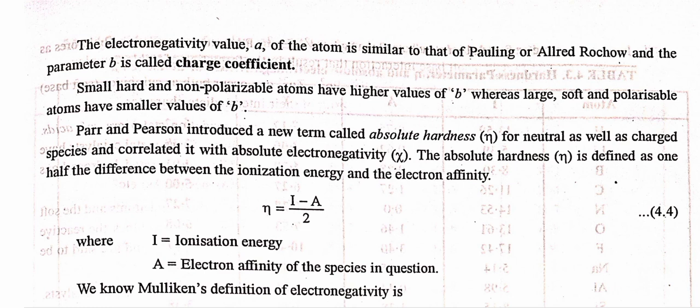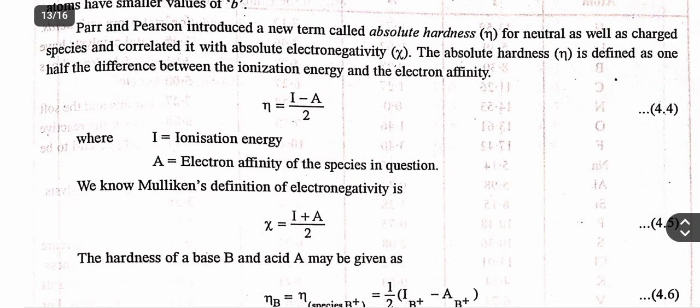Parr and Pearson introduced a new term called absolute hardness for neutral as well as charged species and correlated it with absolute electronegativity. The absolute hardness is defined as one half the difference between the ionization energy and the electron affinity, and η is equal to (I − A)/2, where I is ionization energy and A is electron affinity of the species in question.